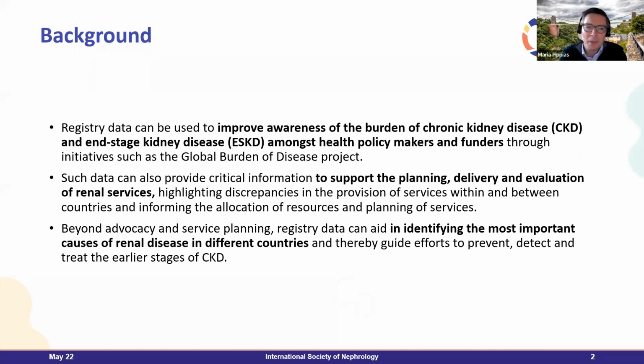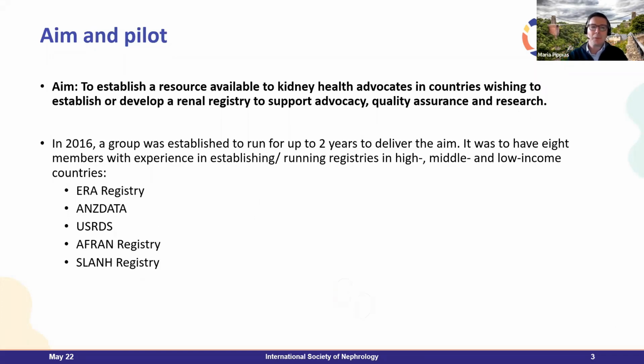And then within a country, but also at the ISN level, we use data a lot, whether it's from the Global Kidney Health Atlas, where the survey is running again next year for the third iteration. But even the Global Kidney Health Atlas relies a lot on the registry data to provide the numbers that we all use to lobby.